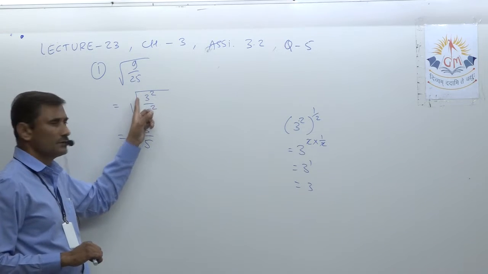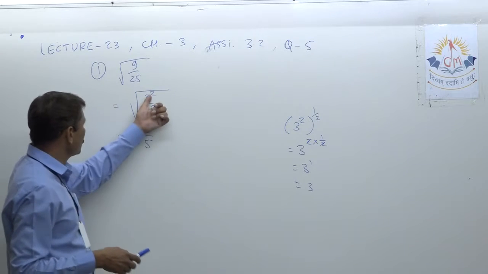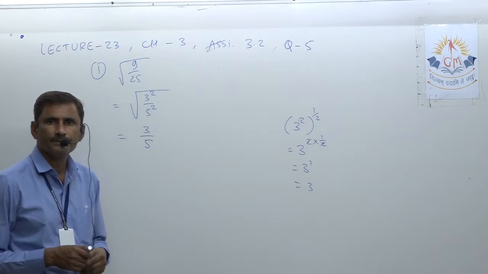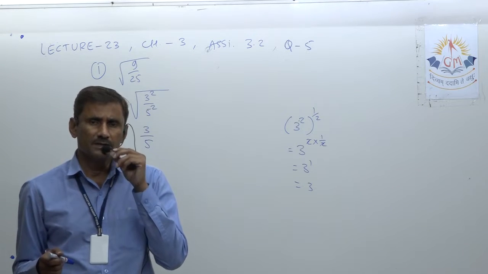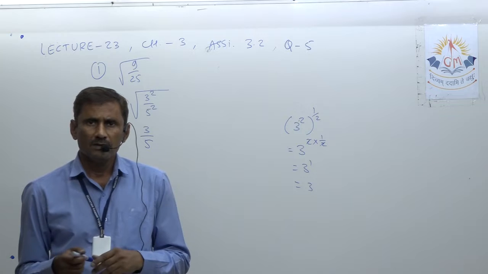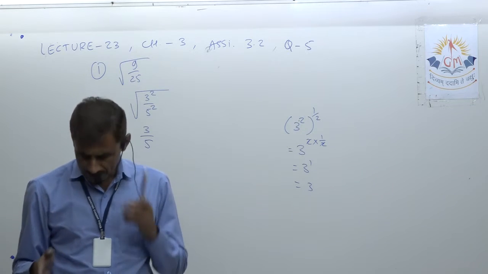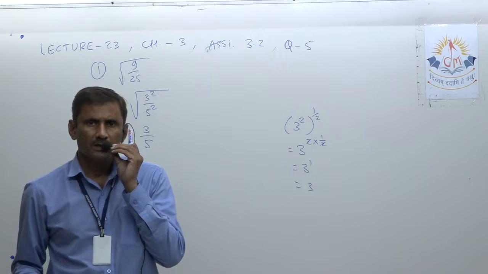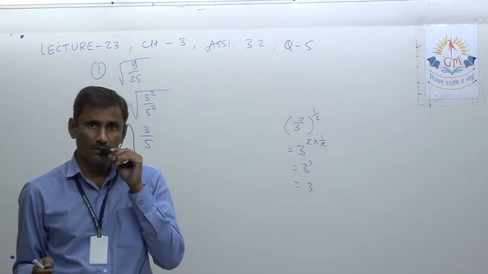So directly also you can write it is 3 by 5. Whenever you can solve it orally, just try to answer orally. Otherwise you can do prime factorization there, because the numbers are smaller. In all questions, the numbers are not so big, just like question number 4.